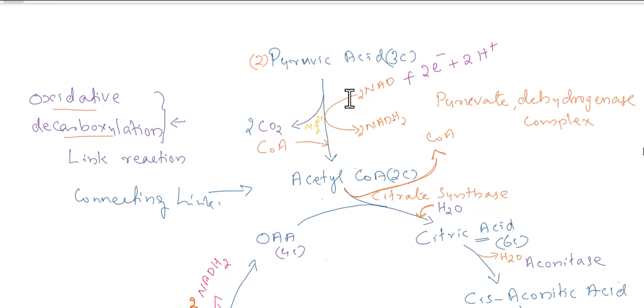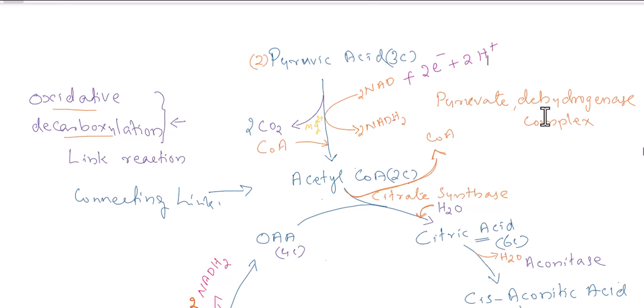So we can say the pyruvic acid undergoes oxidative decarboxylation. That means removal of hydrogen ion and electron occurs, that is oxidation, and release of carbon dioxide, that is decarboxylation. So that is a complex reaction. It occurs in the presence of the enzyme pyruvate dehydrogenase complex.